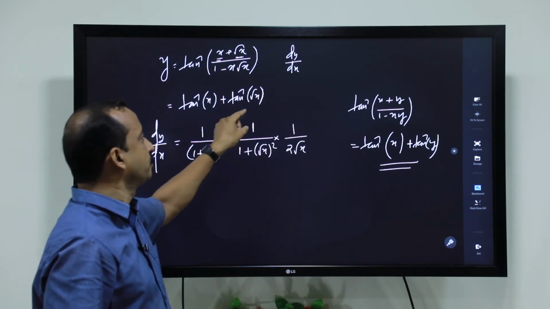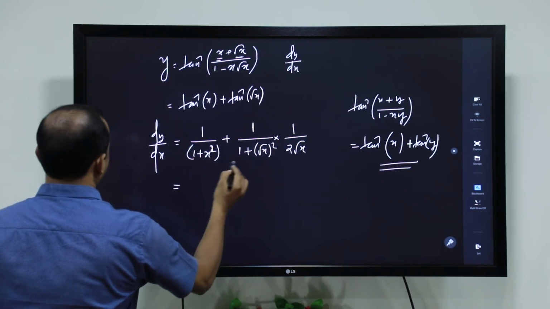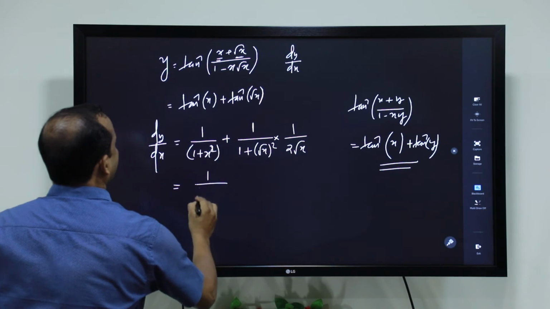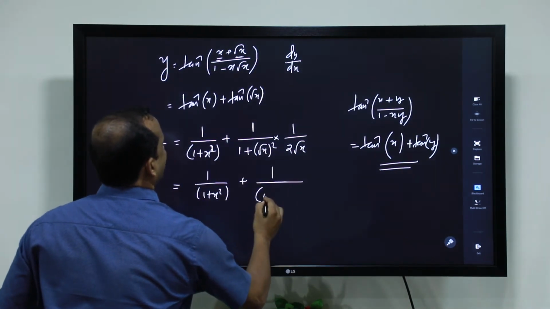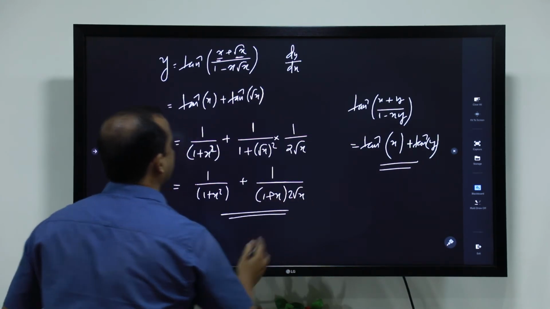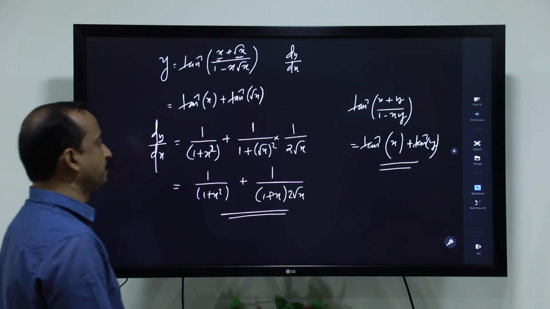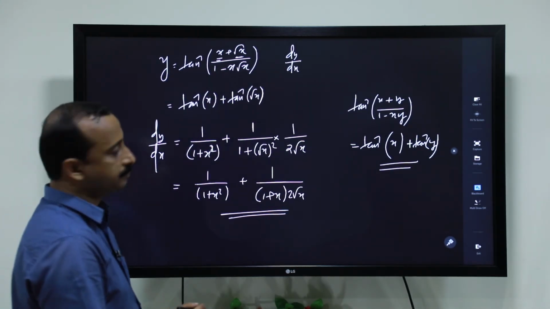Then using function of function, the derivative of root x is 1 by 2 root x. So the answer is 1 by 1 plus x square plus 1 by 1 plus x into 2 root x.